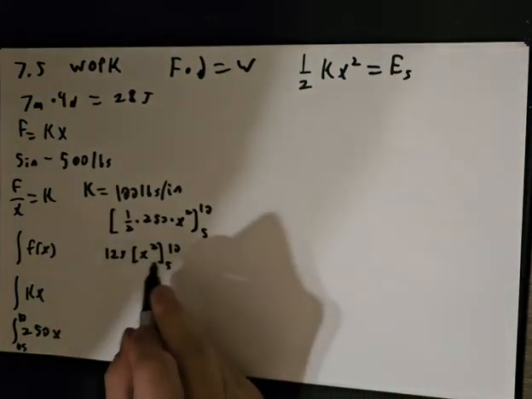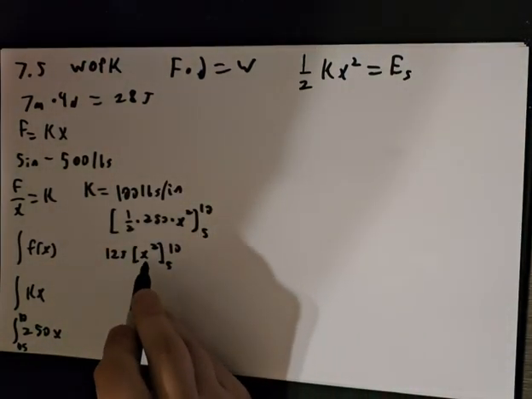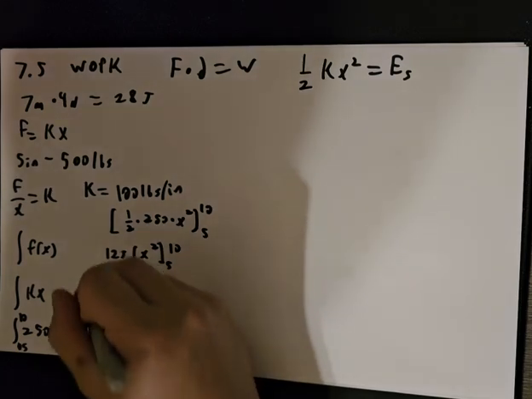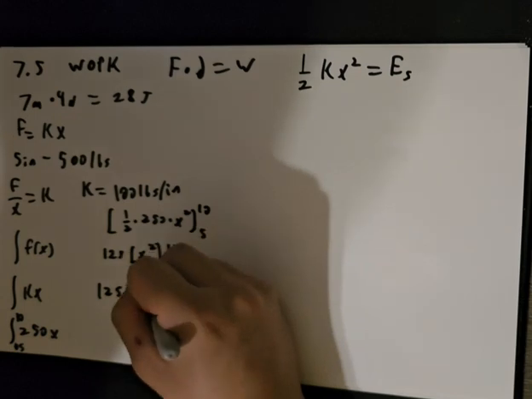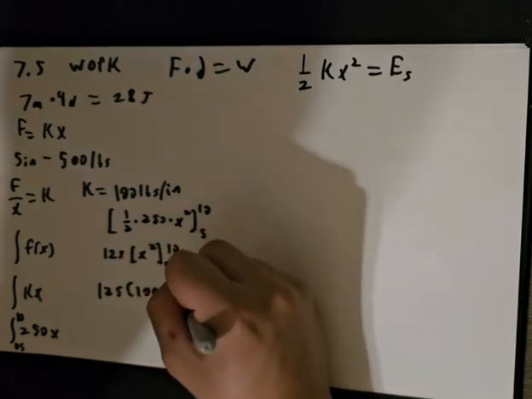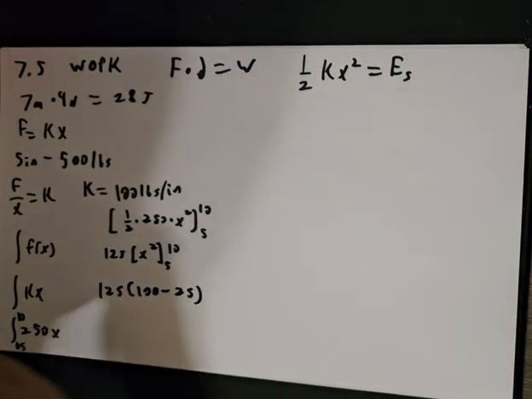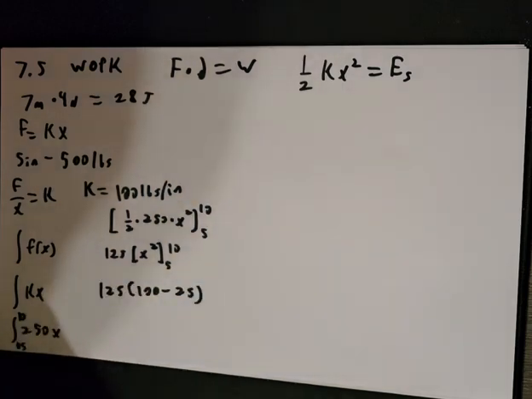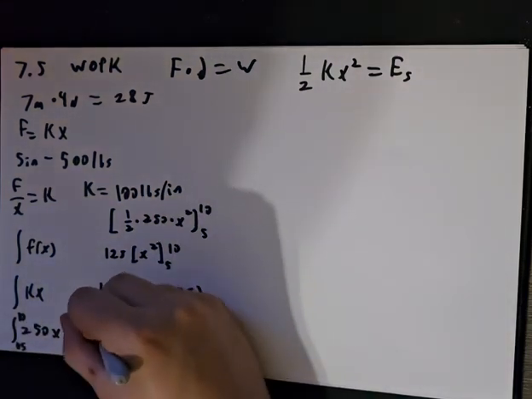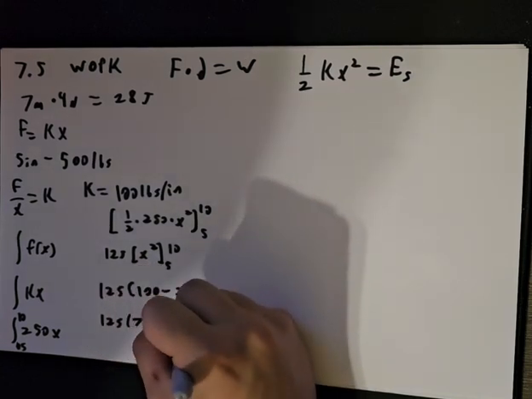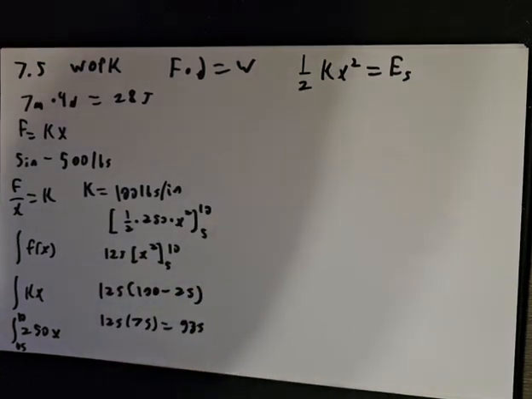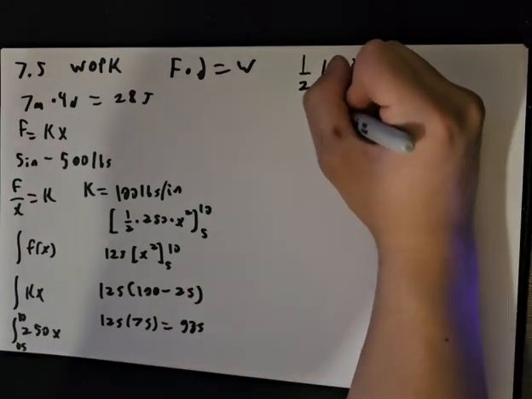Now, when we do this, 10 squared is 100, minus 5 squared, which is 25. That is 75. And that should equal 9375.